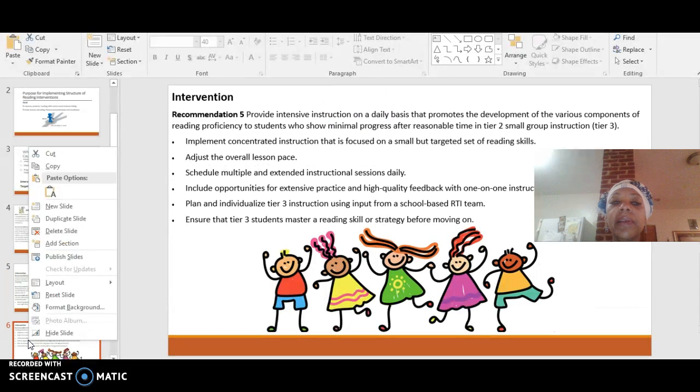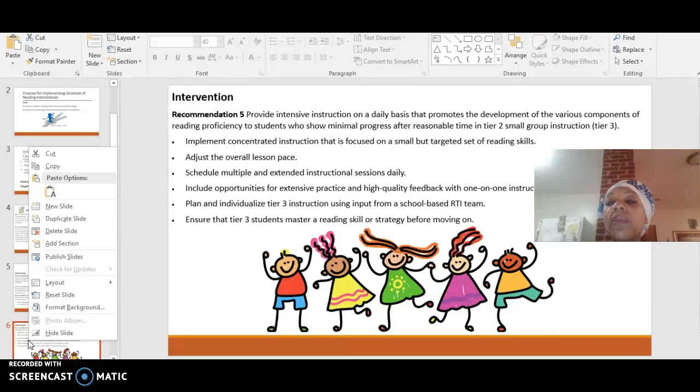Let's take a look at recommendation 5. Recommendation 5 provides intensive instruction in the daily instruction, which is the lesson planning. Basically, it promotes development of the various components of reading proficiency. You want to implement concentrated focus on small targeted reading skills in small targeted groups.